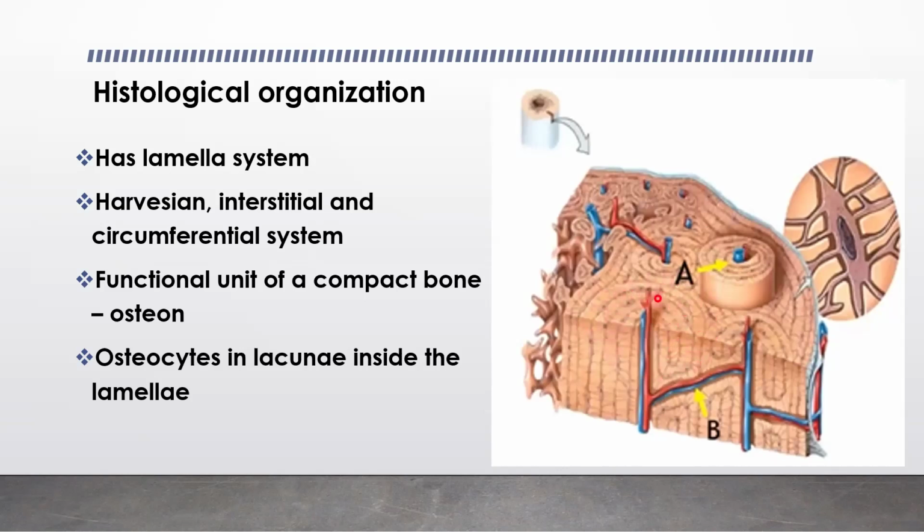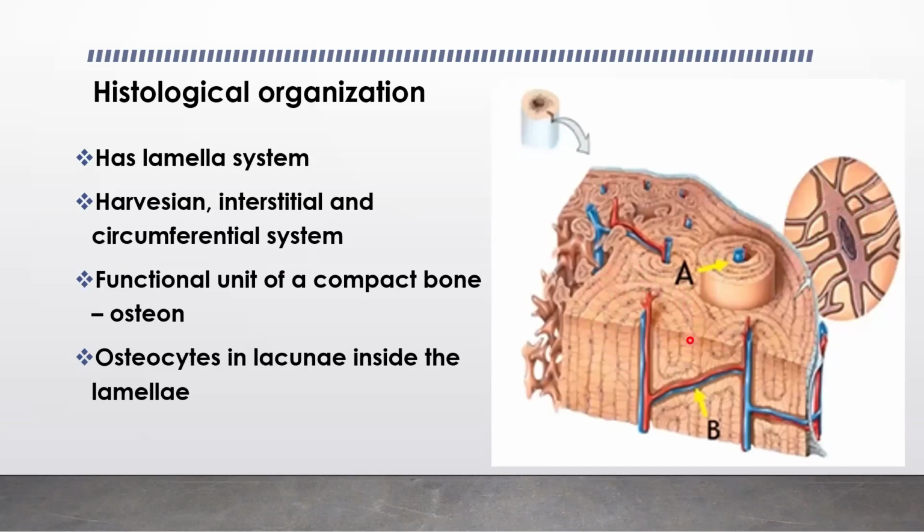So these are haversian systems. And then you can also appreciate that you have cells in lacunae, as you can see in this. So these are osteocytes in lacunae, and then you can appreciate the cytoplasmic extensions for communication with nearby osteocytes.